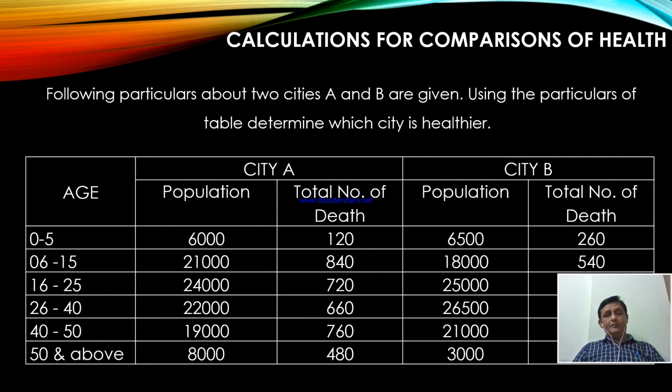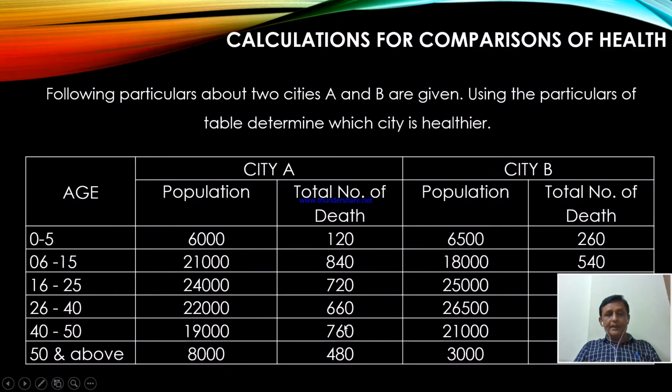Now we are interested to calculate which of city A and B is best in health, or we can say healthier. As per the given information, it is very difficult to conclude this.